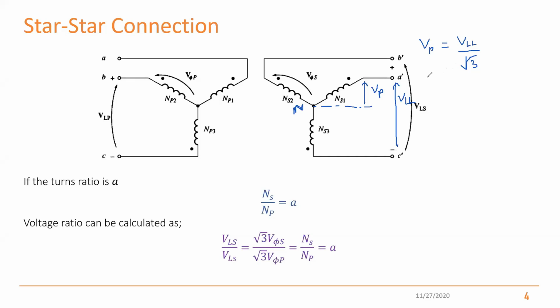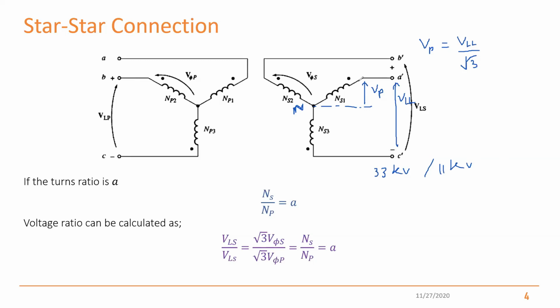If the turns ratio is A, that means the transformer ratio A is defined as the ratio of secondary turns divided by primary turns. If you are given something like 33 kV/11 kV for a three-phase transformer, unlike in single phase, these indicate the line voltages, not the phase voltages.